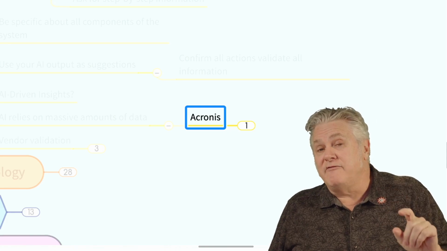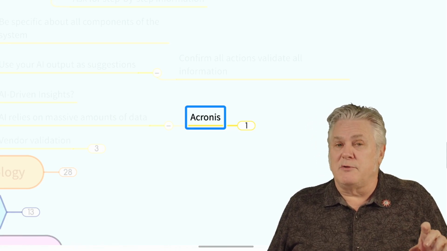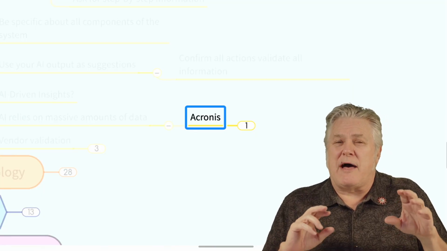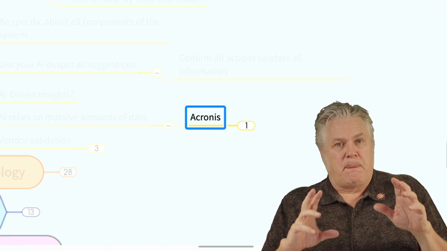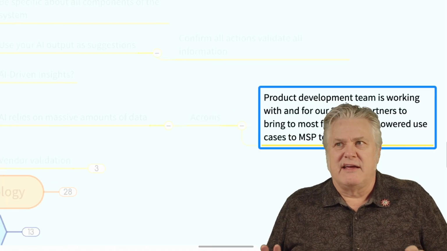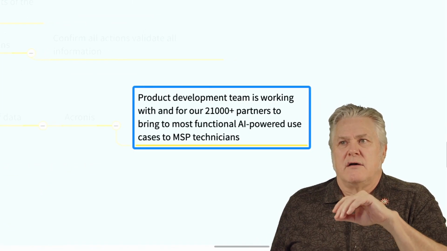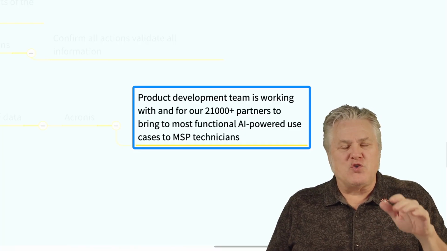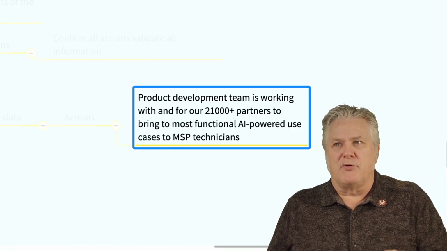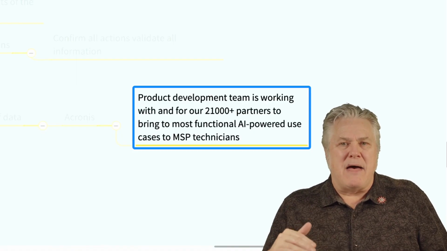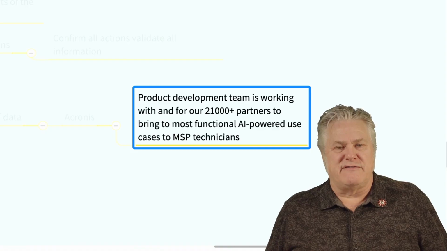Now, there is one vendor out there that has been responsible about this. I didn't call out any of the other vendors for not doing it right, but I wanted to talk about Acronis for being patient about this and doing something smart. Here's what they said. Our product development team is working with and for our 21,000 partners to bring the most functional AI-powered use case to the managed service provider technicians in the field.